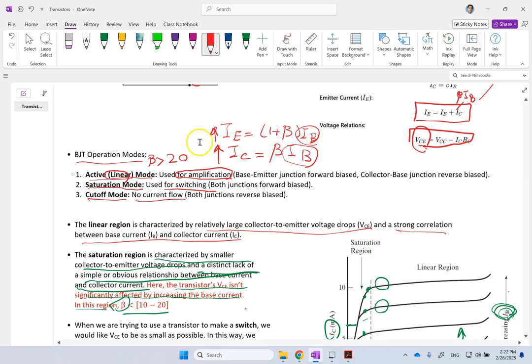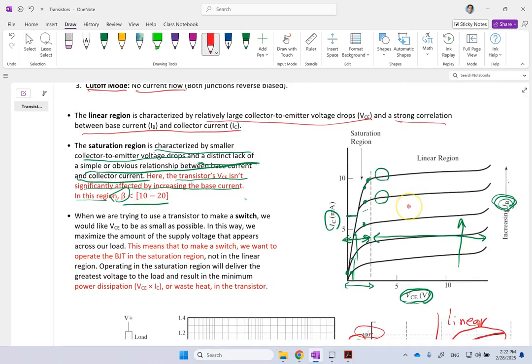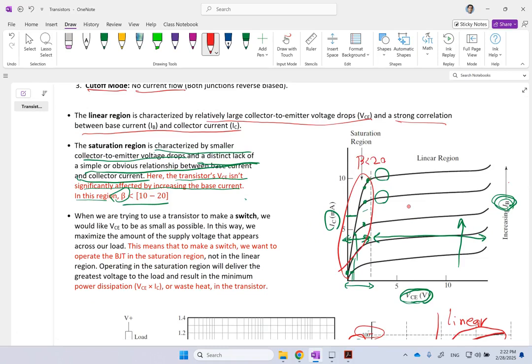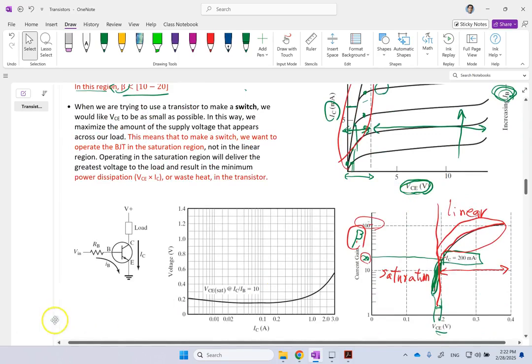But in the switching state, which we use in saturation, my goal is not to make the current so big. Here, beta is less than 20. My goal is not mainly increasing the current. My goal is turning it on and off. Okay, so these are the regions that you have in a typical transistor.